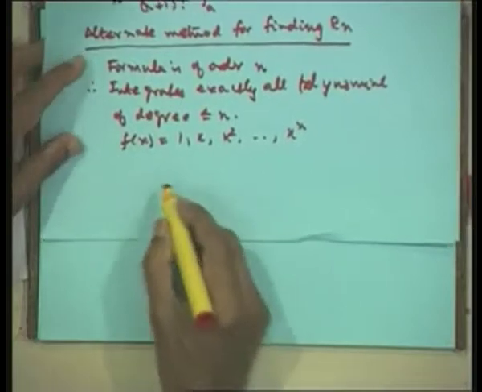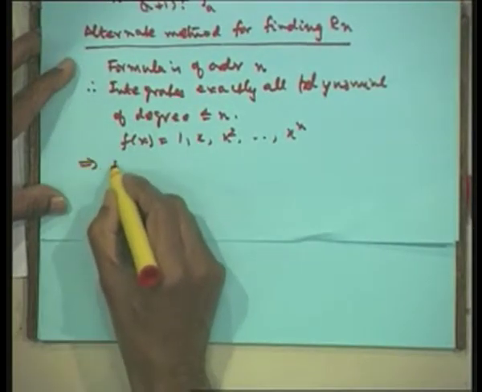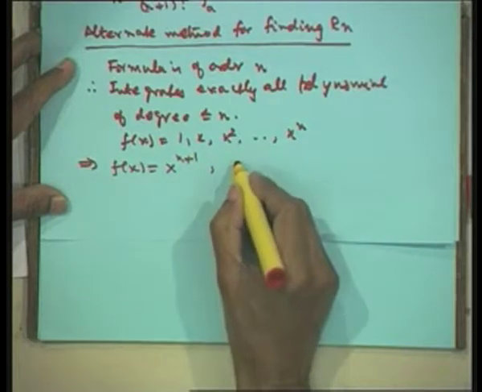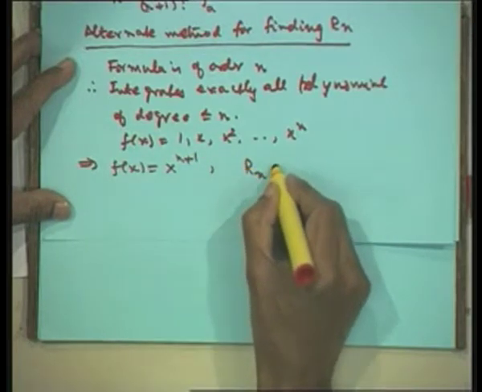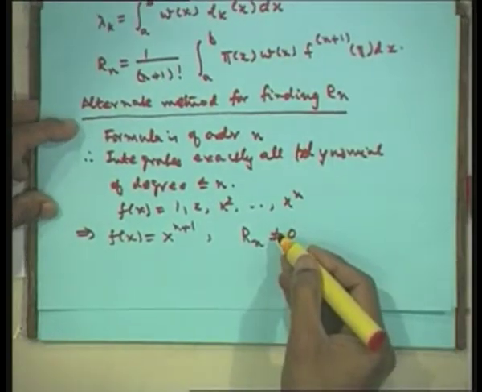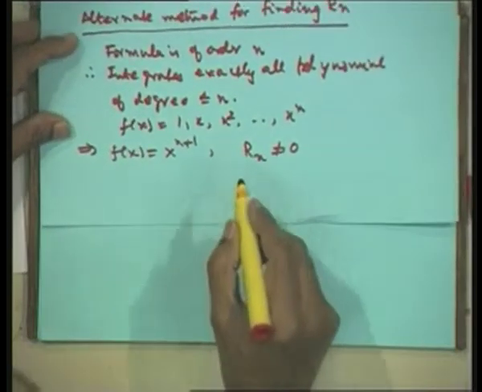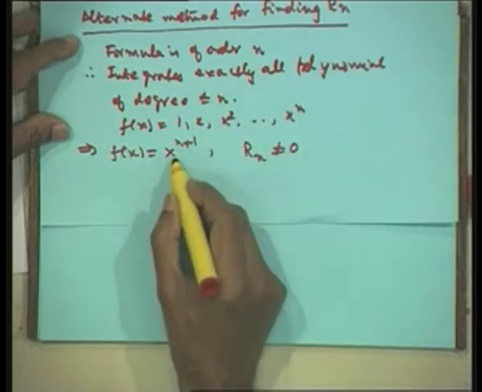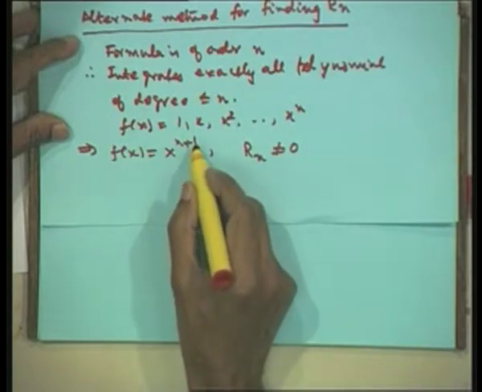This implies that if f x is equal to x to the power of n plus 1, then R n is not equal to 0. This error is not going to be equal to 0. Therefore, if R n is equal to 0, then it is going to integrate exactly polynomials of degree n plus 1 also.